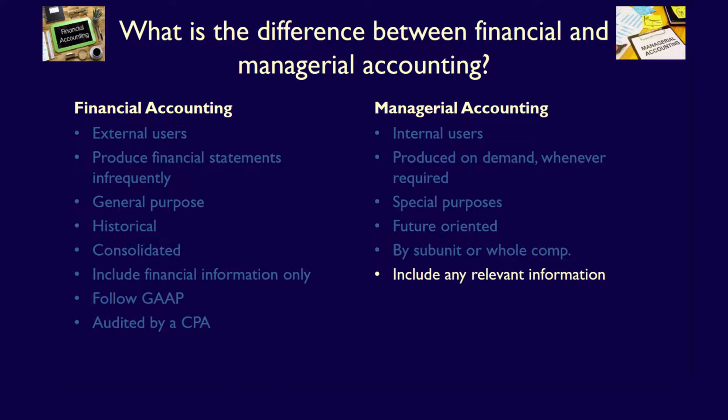Managerial accounting reports include not just financial information, but any information which may be relevant to the decision needs of the internal users, such as non-financial information about the economy or customer preferences. Whereas financial statements must follow GAAP, there is no such constraint for managerial accounting reports. And the reports produced by managerial accountants are not audited by external CPAs.